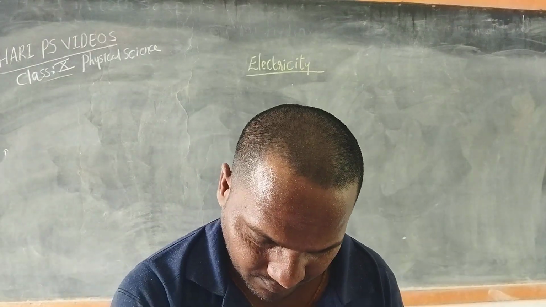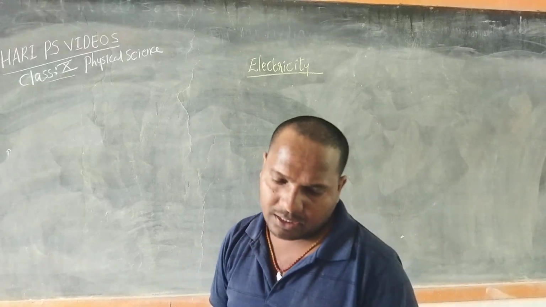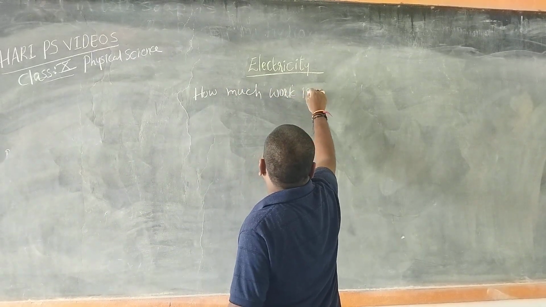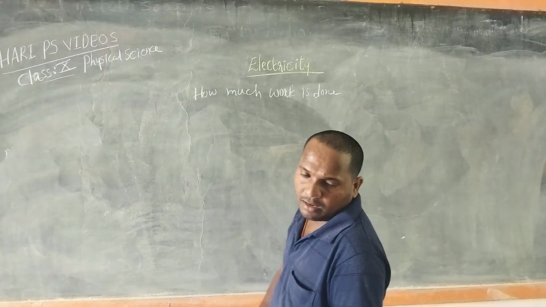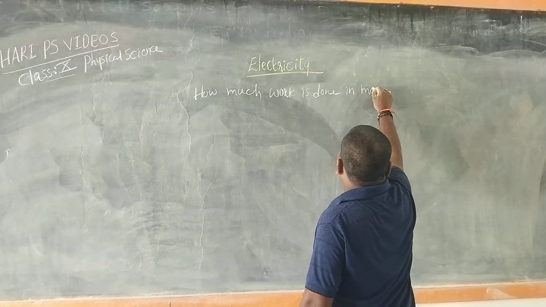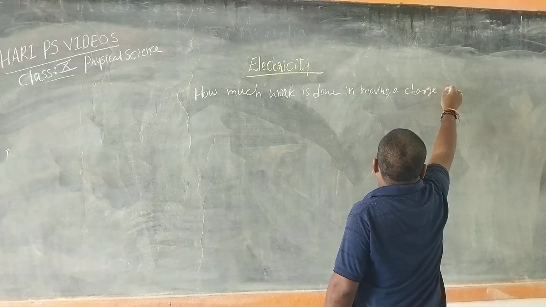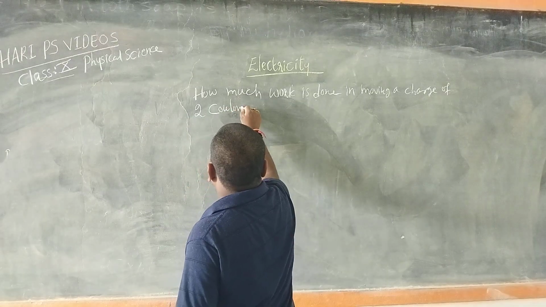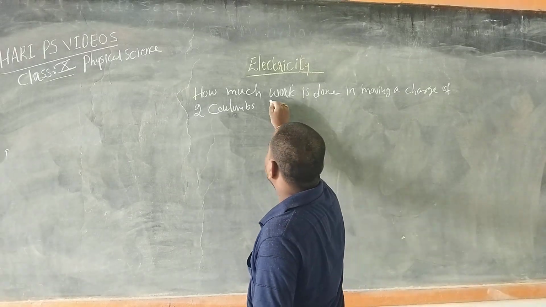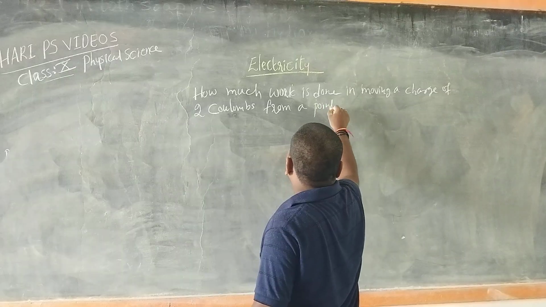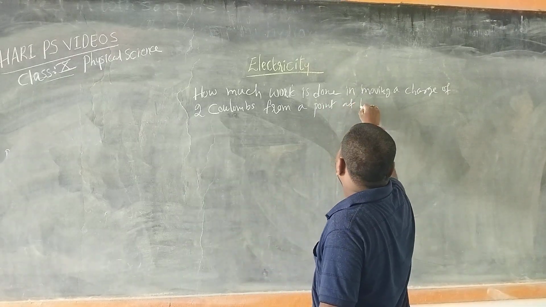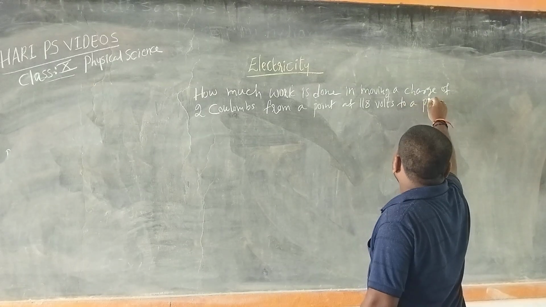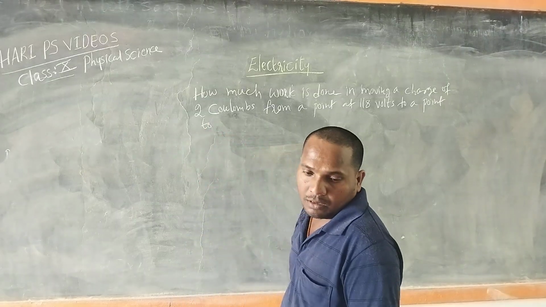Let's take the problem. How much work is done in moving a charge of 2 coulombs from a point at 118 volts to a point at 128 volts?